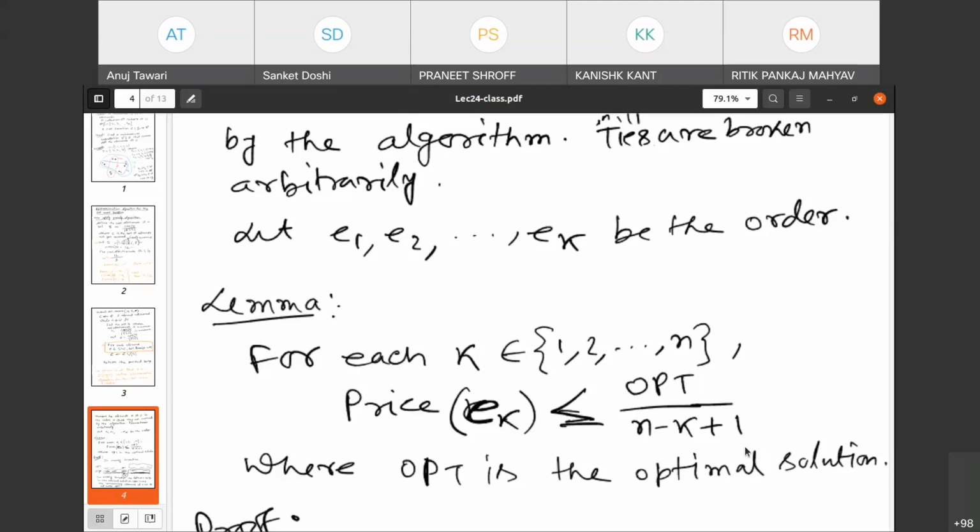One more question. The cost is given to us for every subset of S. Actually, it may not be given for every subset.